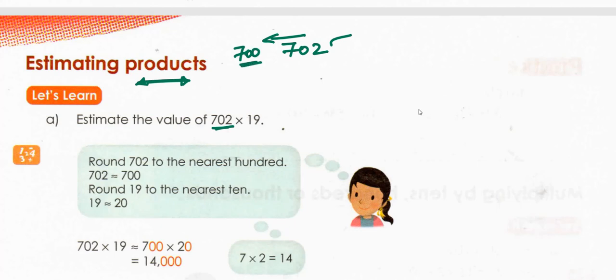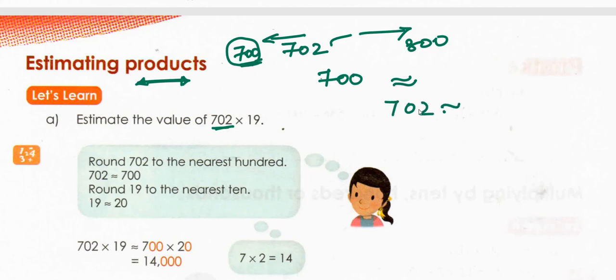So it is near to 700. It is very far from 800. So you take the nearest estimation value, that is 700. Your approximation symbol is this. You have to write down 702 is approximately near to 700 than 800.